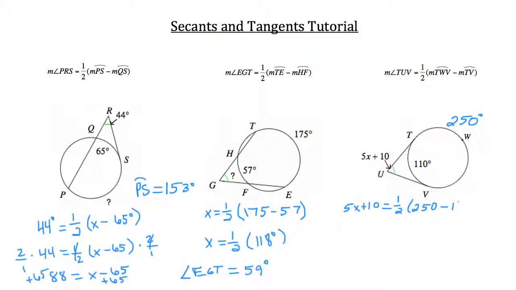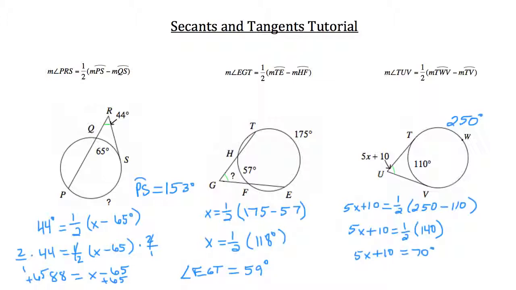So we have 5x plus 10 is equal to 1/2 of 140 degrees, 250 minus 110. And half of 140 is 70. So 5x plus 10 is equal to 70 degrees.